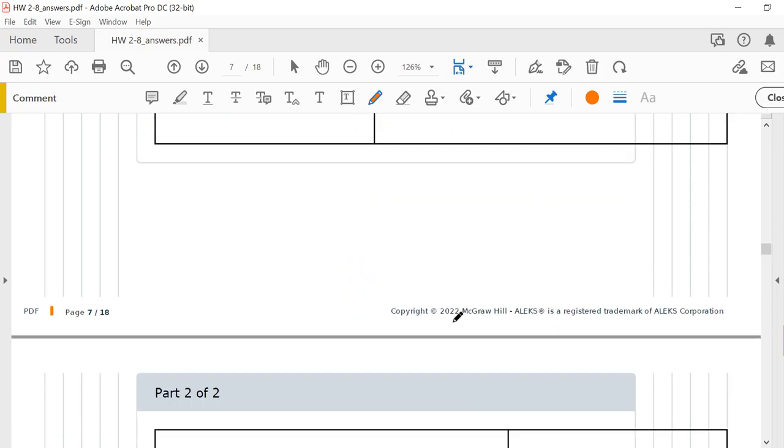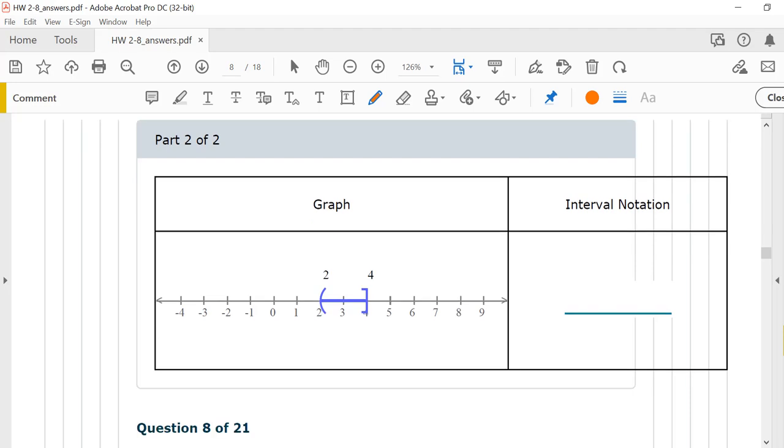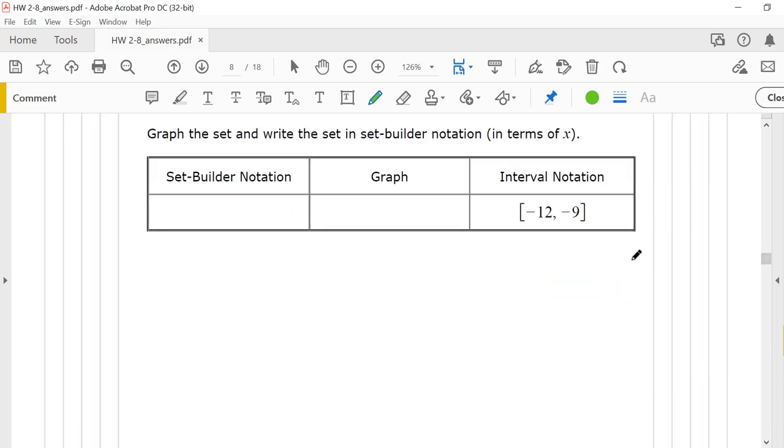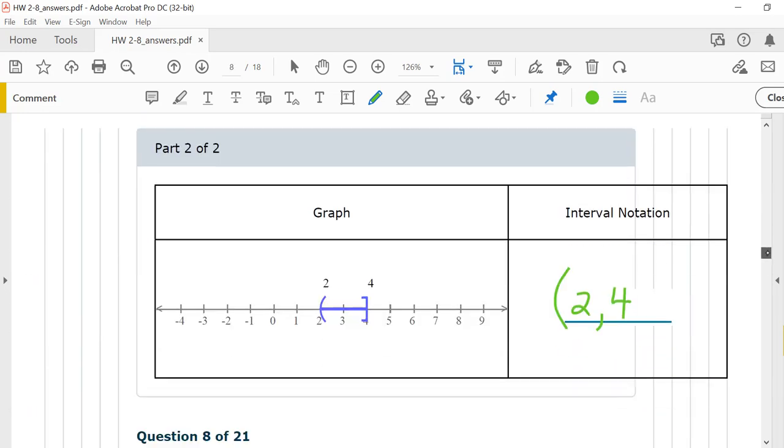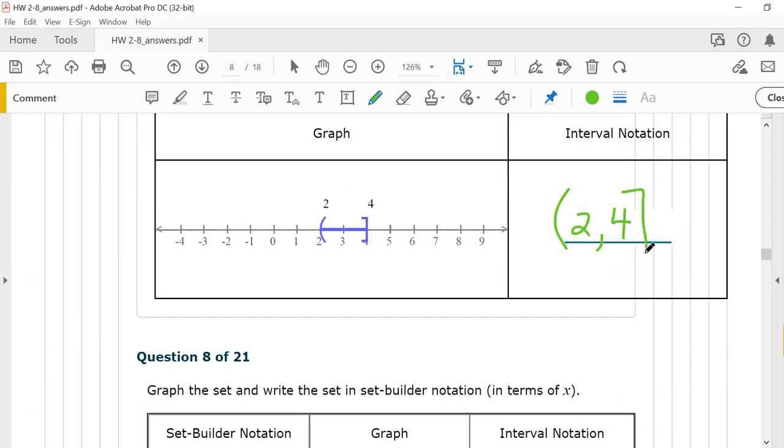If I want to do interval notation, I'm going to do parenthesis 2, comma, 4 with a bracket. That's interval notation.